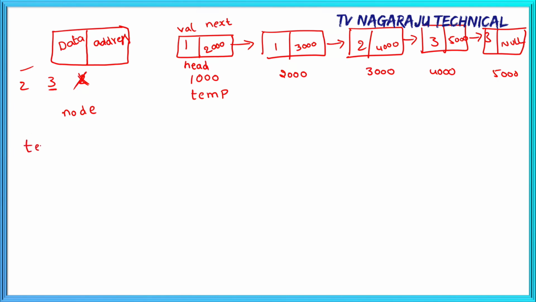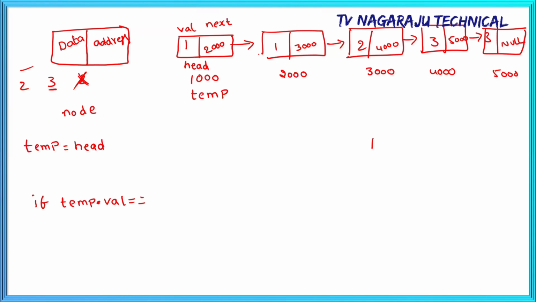Now, how do I write the logic? temp is equal to head, the first node. What is your aim? Compare the value in the temp. So if temp.val, in my example, what is temp.val? Here I will write 1 is equal to this one. This node has the name temp.